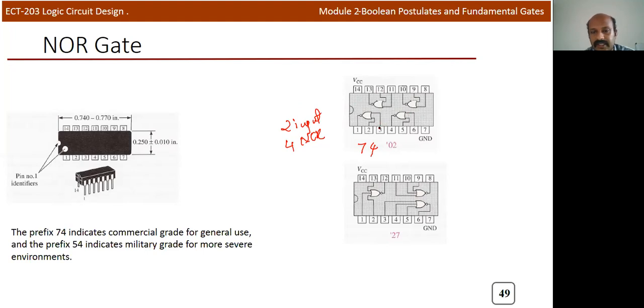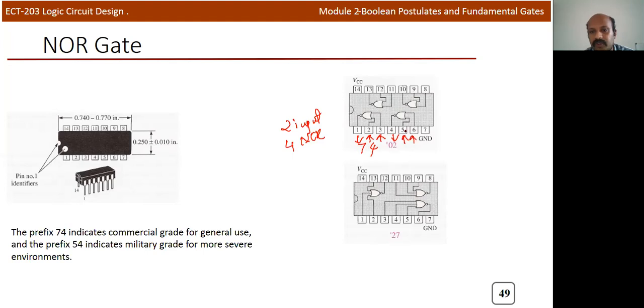Here you can see that the IC is connected in the opposite way. Here the output is taken from 1 and the input is given at 2 and 3. In the previous cases, NAND and OR, pins 1 and 2 were always the inputs and 3 the output. So in the case of NOR, it's entirely different. So make sure that you verify this particular pin diagram in the case of NOR.